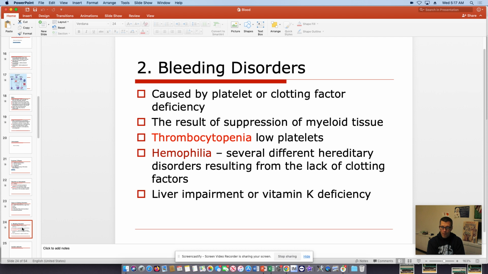The penia part, the low. Hemophilia, hereditary disorders, that's what I referenced earlier, the lack of clotting factors. And then it can be caused from liver impairment or not enough vitamin K.